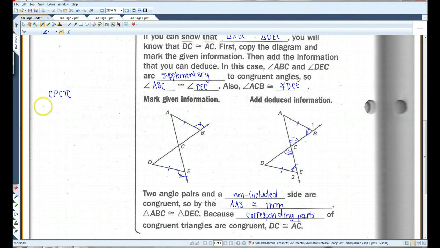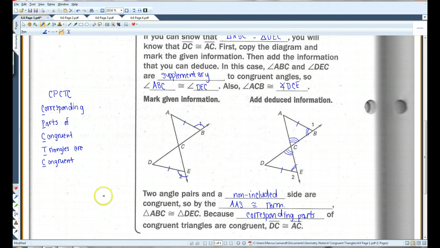Okay, this stands for corresponding parts of congruent triangles are congruent.